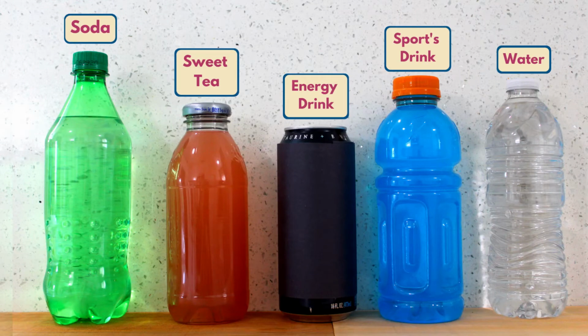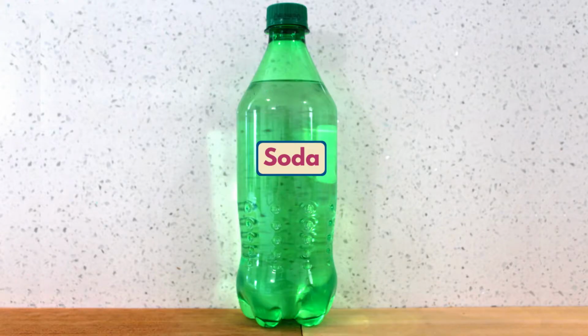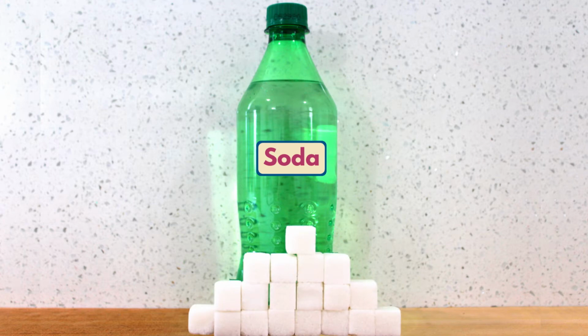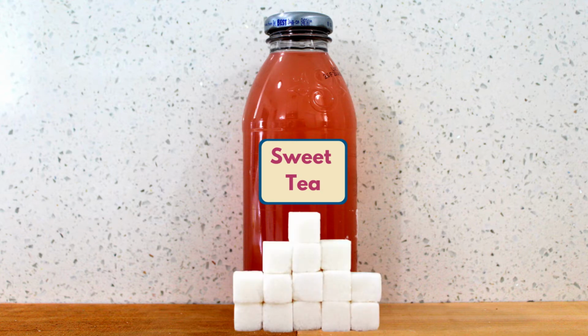Have you already done your calculations? Ready? Let's check if you got the same answers. This is how many teaspoons of sugar each of these drinks has in the whole container. We just found that this 24-ounce bottle of soda has 19 teaspoons of sugar. This 20-ounce bottle of sweetened tea has 14 teaspoons of sugar.